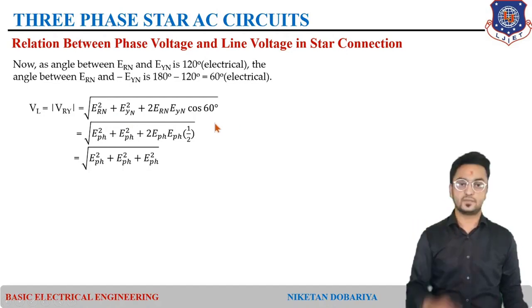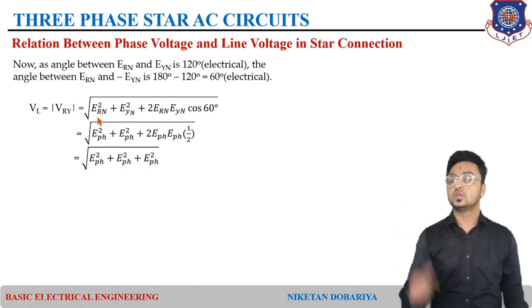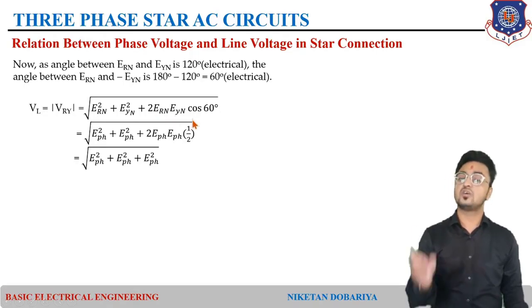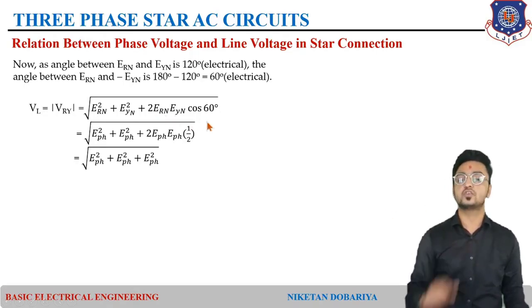In the same way, if you put in the values of the phase voltage components, the first one is ERN square plus EYN square plus 2 ERN into EYN and cos 60. That was the angle between these two.